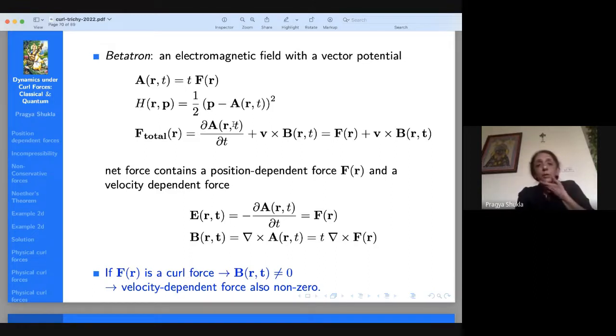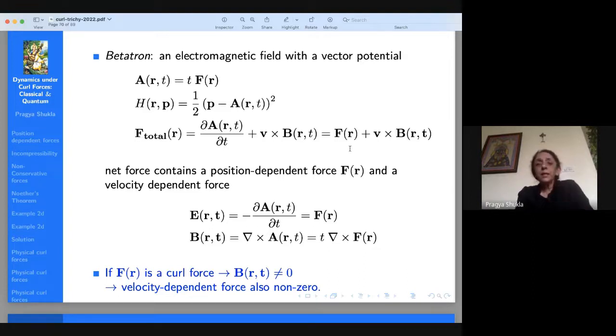Of course, depending on the nature of the force, this del cross F need not be zero, because if del cross F is zero, then only F total will be zero.